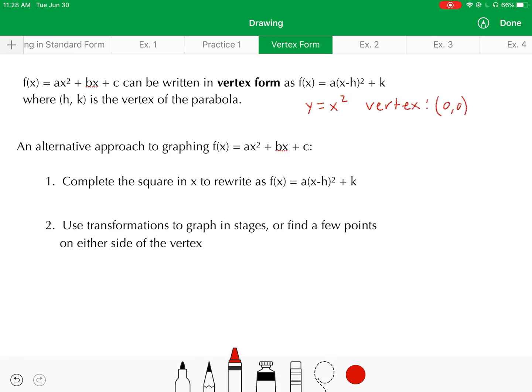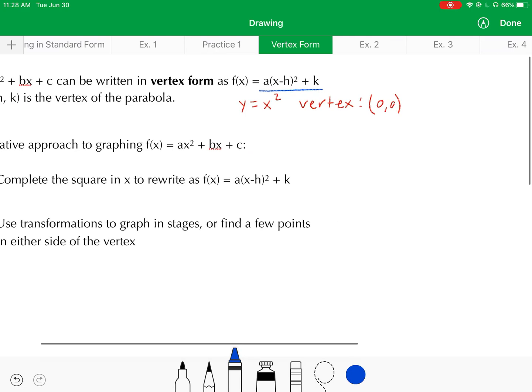Well, we know if we take that equation of y equals x squared and we manipulate it to look more like this, h is going to move all of my points h units to the right, and then k is going to move all of my points k units up, right? So this point of 0, 0 would translate to the point of h, k, okay?